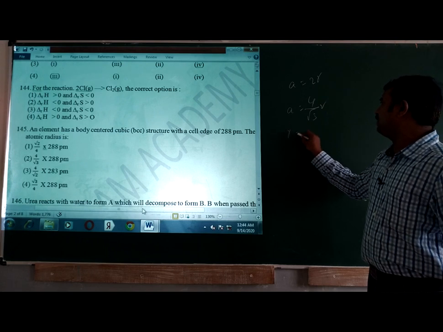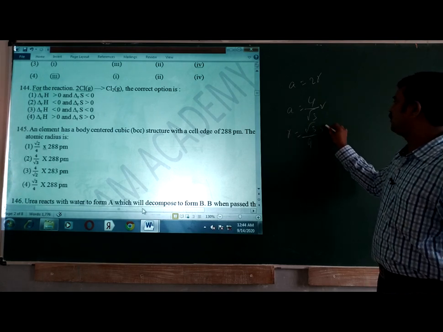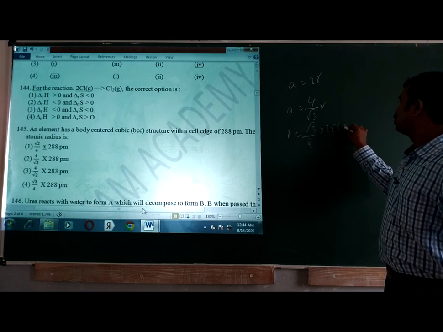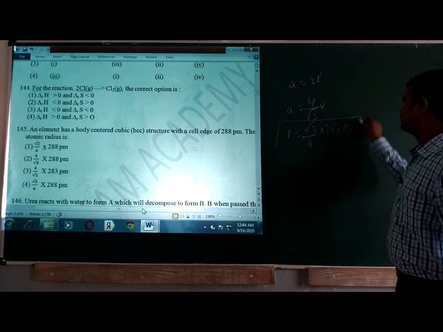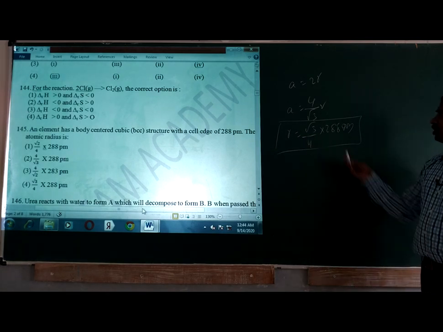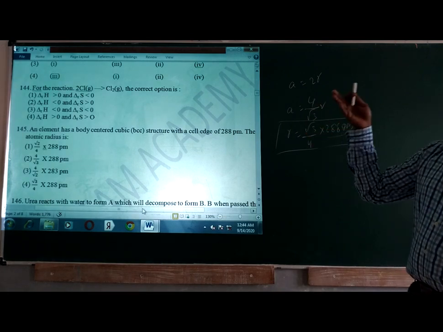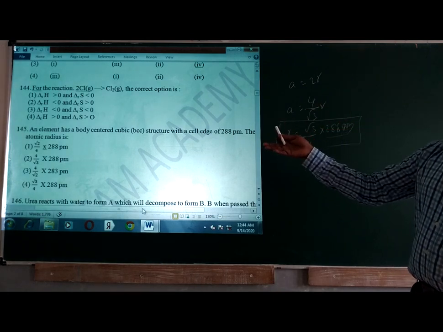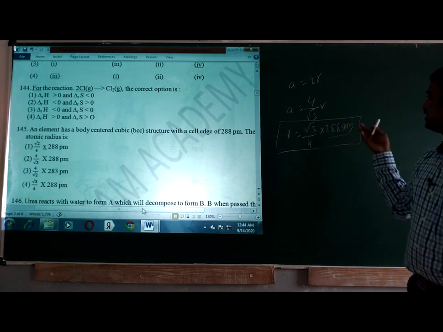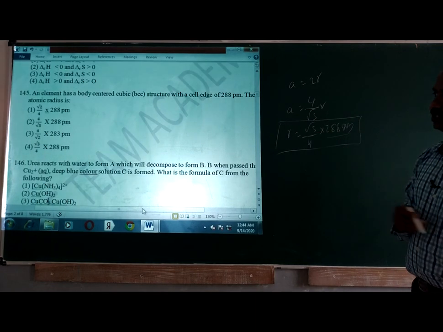If you want r, it is root 3 divided by 4 times a, and a is 288 picometer. The answer is option 4, root 3 divided by 4 into the edge length given, 288 picometer. Option 4 is the correct answer.